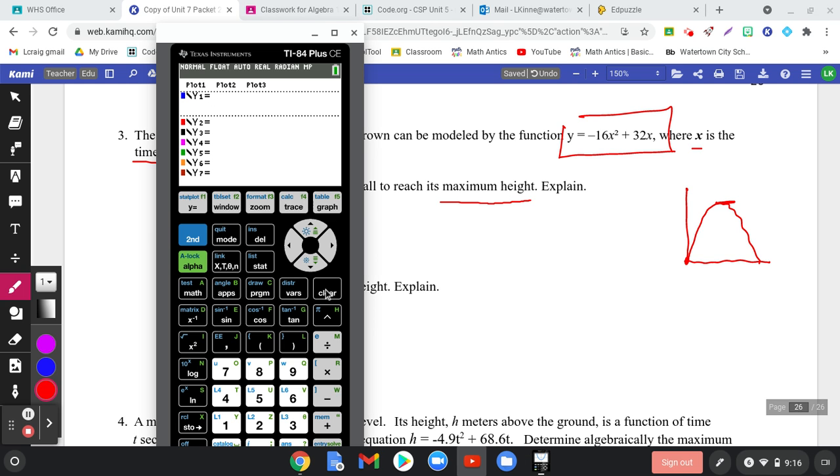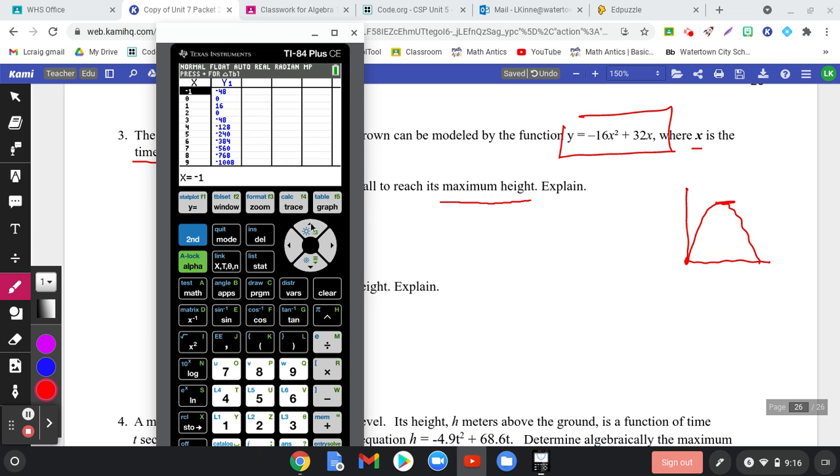Y equals, hit clear, negative 16x squared plus 32x. Right there. Let's copy that table down.